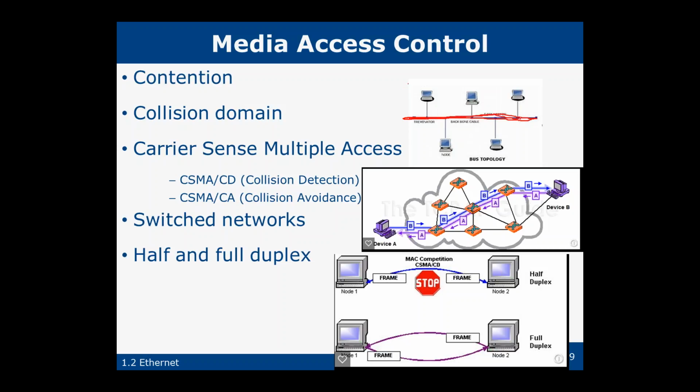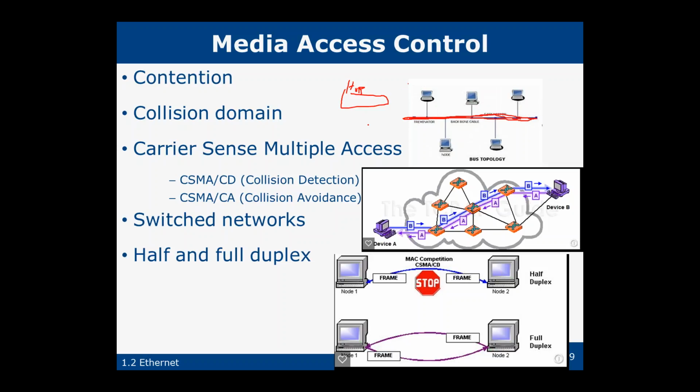Probably pretty good. What these things do, the bus and the hub are all a single collision domain. And that's what slows them down quite a bit, because you have to wait, and then you have collisions, and the more devices you get on the bus, the more likely you are to have a collision.